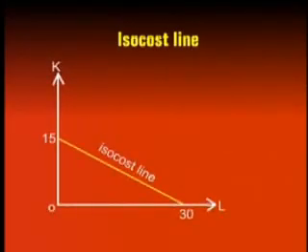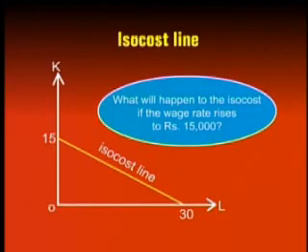Now assume that the wage rate alone rises to rupees 15,000 and that nothing happens to the price of capital. What will happen to the isocost? In this particular case, the isocost will pivot in.